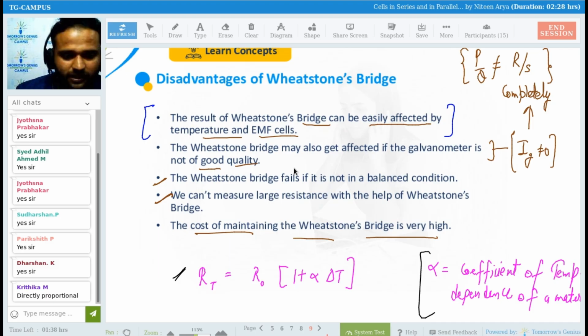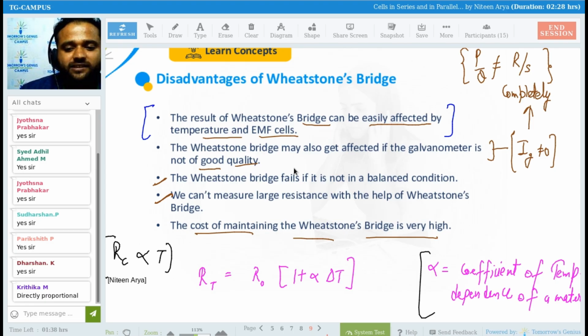And obviously, Kritika, you are right, beta. In general, resistance of a conductor is directly proportional to temperature. This is the proportionality sign, this is alpha. Maybe it looks the same, okay, I'll draw it in reverse. This is alpha.